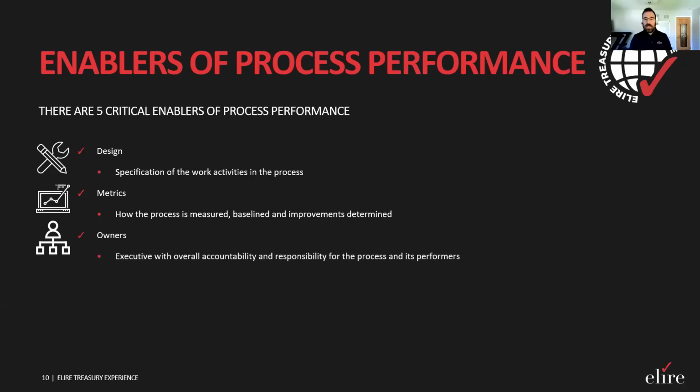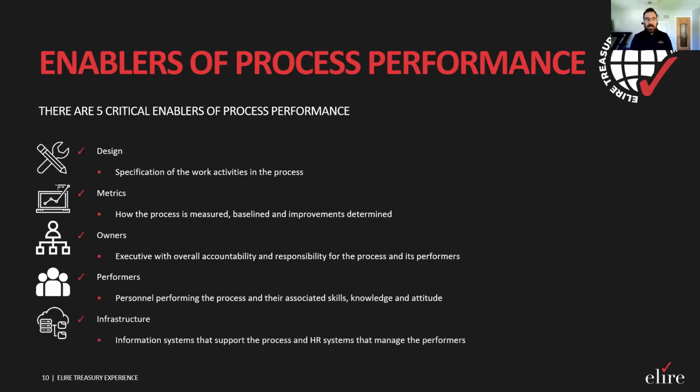Owners, we need to look at who is accountable and in charge of the process. Performers, who is actually executing the work? What are their skills, knowledge, and attitude towards the processes? That's also a really important piece. And infrastructure, we need to look at the information systems and the technology that support those processes.